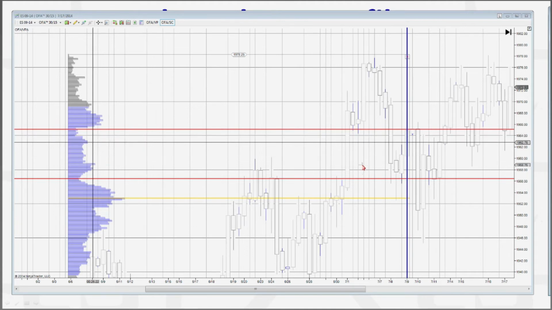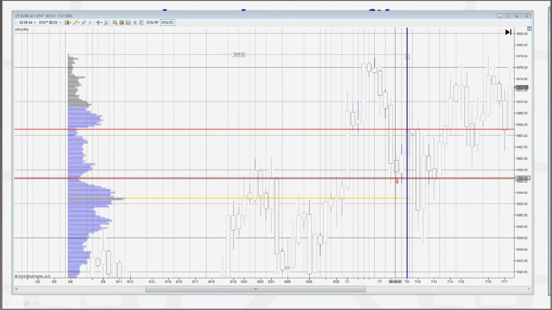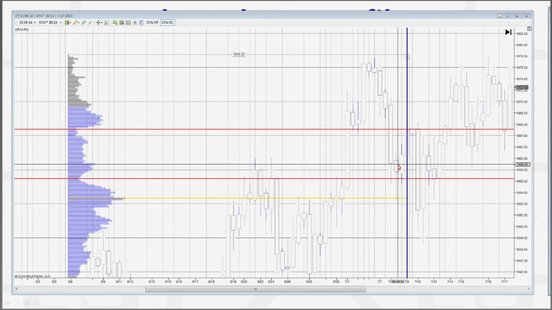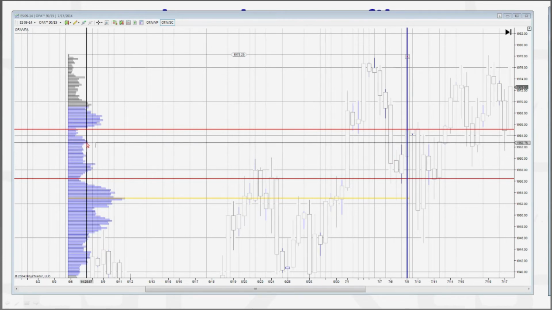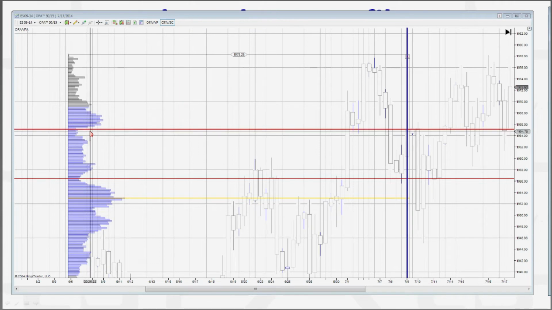If I'm looking for 500 in a day, and I'm looking to take a long off of this level at 56.75, I'm going to look at the print. If the print tells me that things are stopping here, I'm going to have to take some off. That's okay though, because I'm looking for the potential of this area and potentially this area with one or two remaining contracts to get me to my 500 or closer to my 500. Does that make sense?